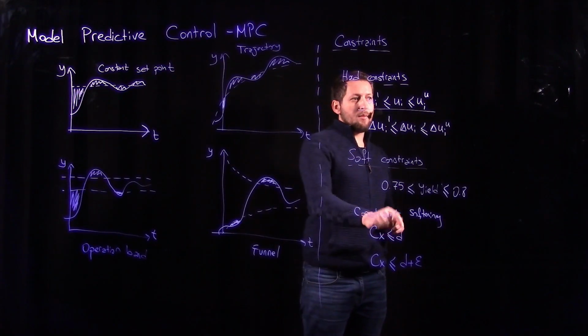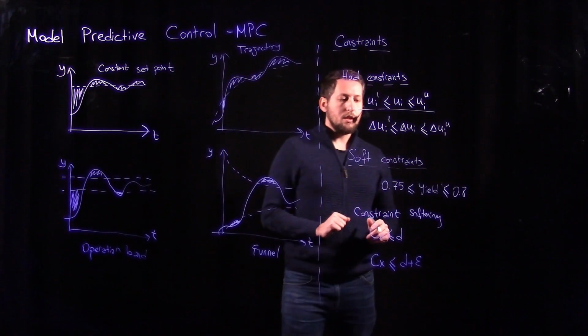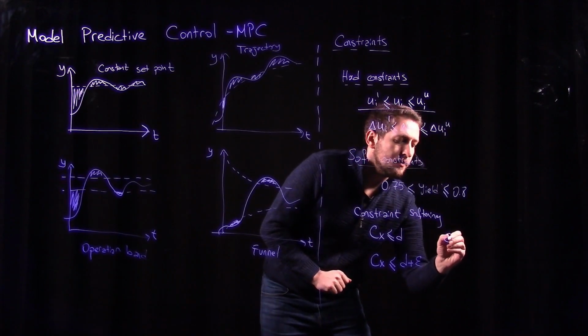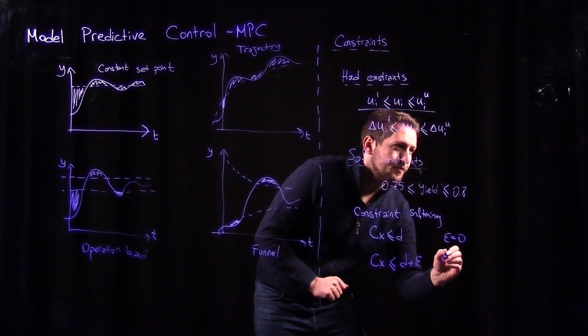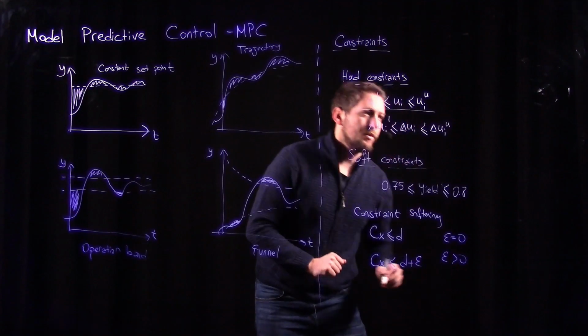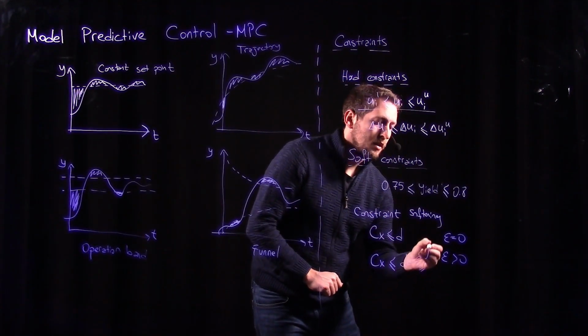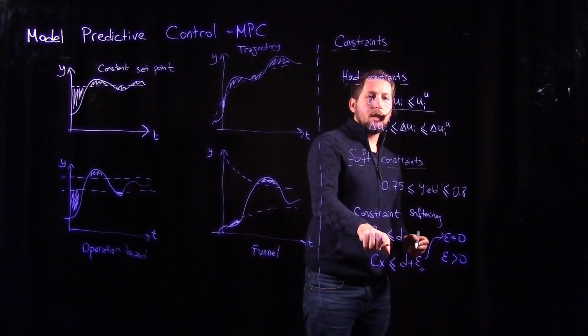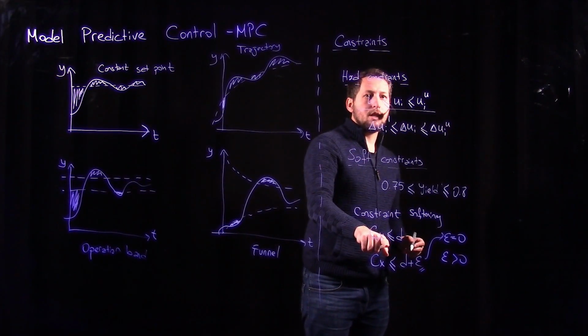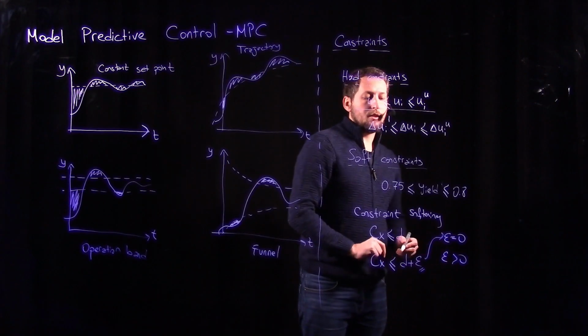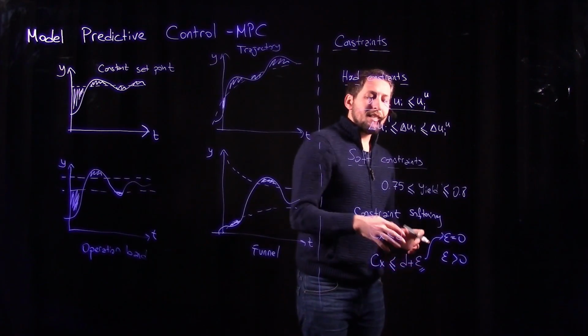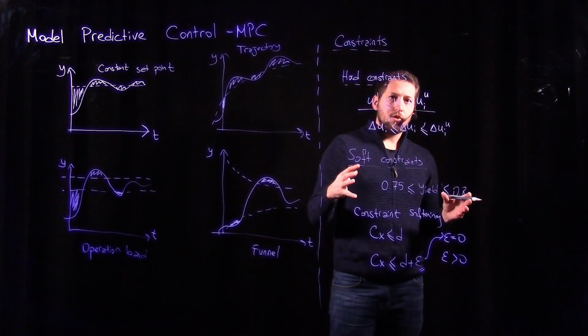Okay, and this epsilon should be either equal to 0 or greater than 0. When we have this epsilon equal to 0, then we are ending up with the original constraint here. But if this is greater than 0, then this means that we are relaxing the original constraint.